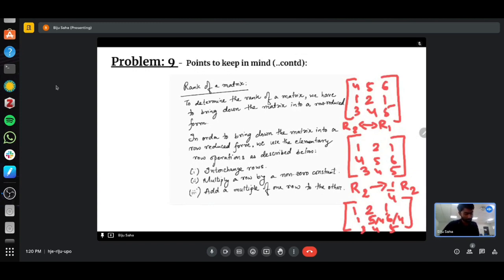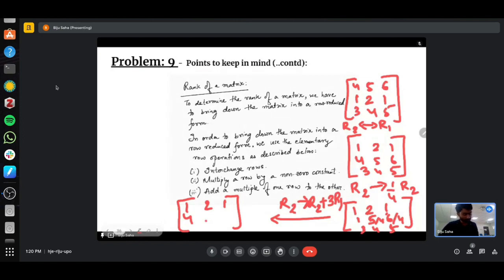Another allowed operation is that you can add a multiple of one row to another. So you can add to R2 some multiple of the other row, say thrice of R1. This is some multiple of the other row, and I am adding it to row 2. With that change, thrice of R1 would be 3 into 1, so it will be 1, 2, 1, 4.